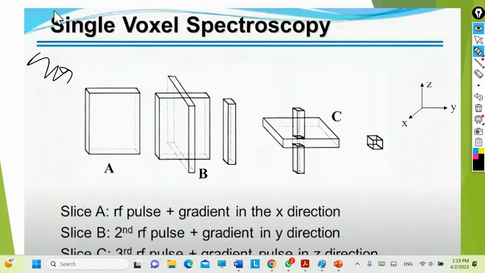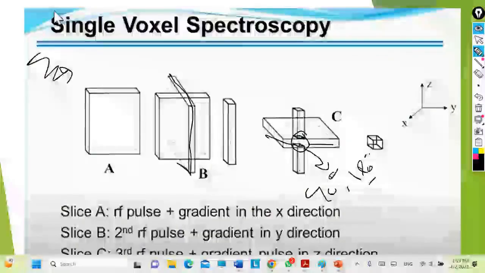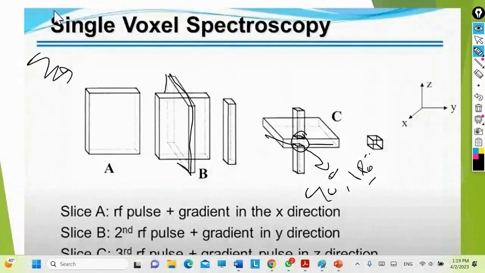Yes, this point, which is between the three, is the point that was excited. The rest did not take the 180, because I applied the 180 in this direction, in a different plane.